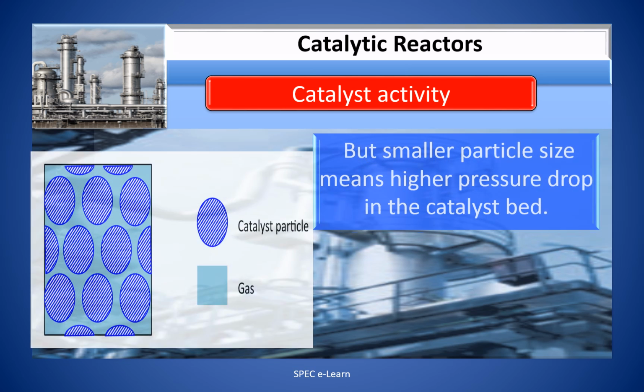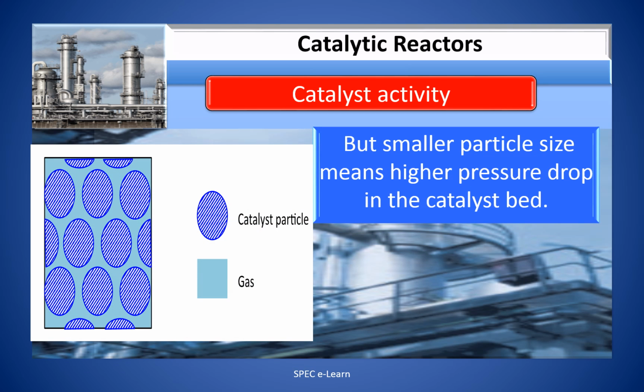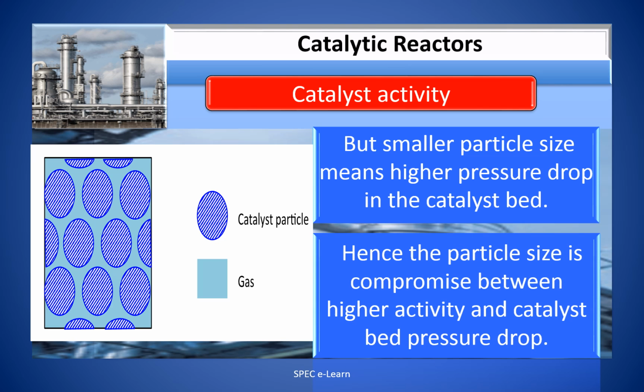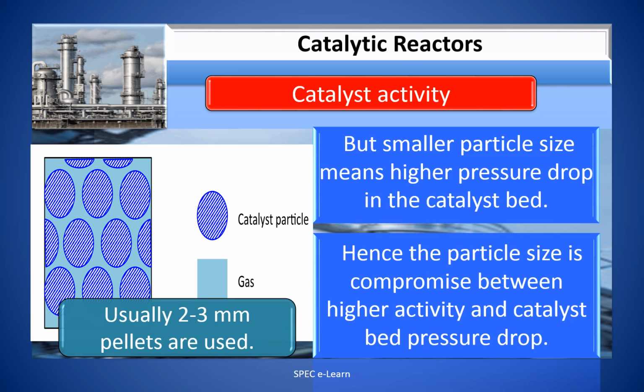But smaller particle size means higher pressure drop in the catalyst bed. Hence, particle size is a compromise between higher activity and catalyst bed pressure drop. Usually, 2 to 3 mm pellets are used.